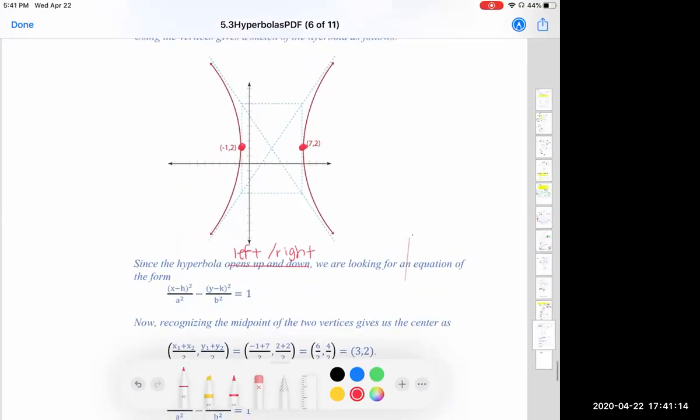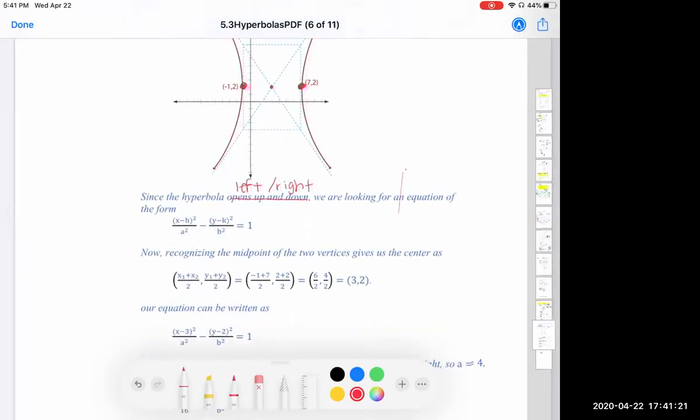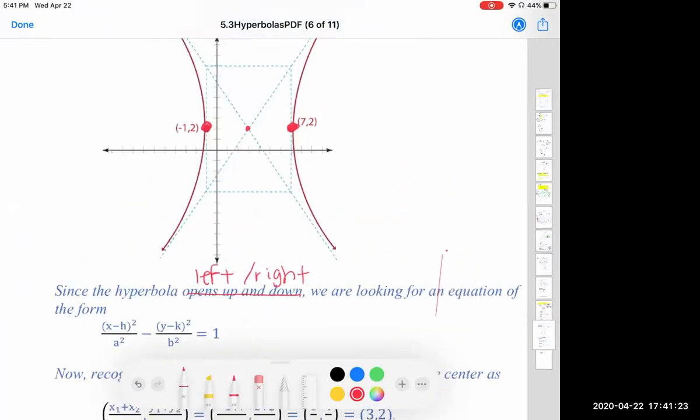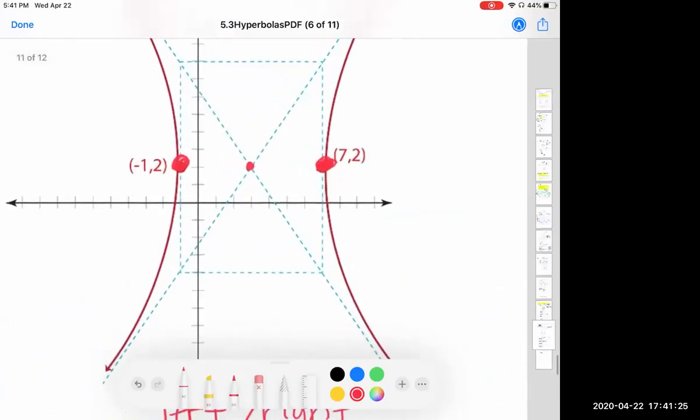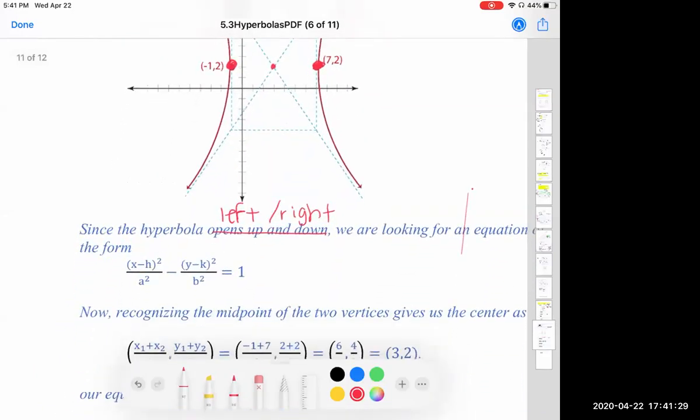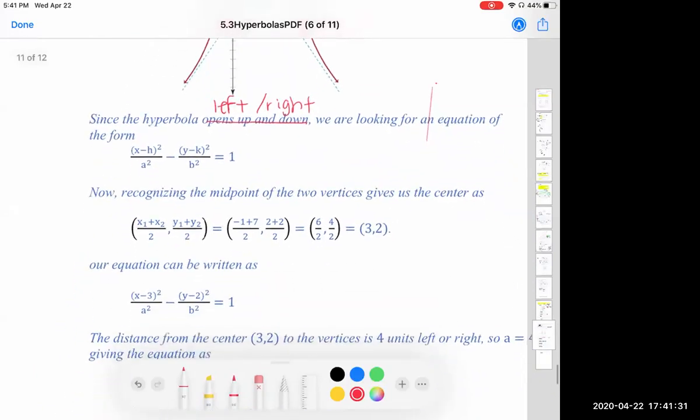All right, so to find the center, we can take the midpoint of those two points. Counting is an option, but I never get lucky that way, I always have to do the math work.